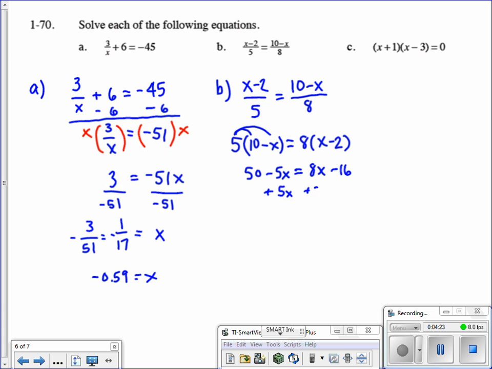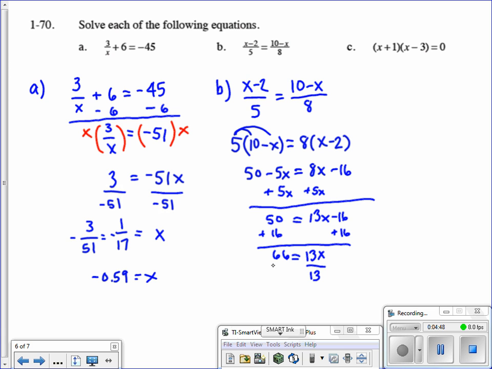Let's add 5x to each side. I'm going to have 13x minus 16 equals 50. Add 16 to each side. So 66 now equals 13x. Divide each side by 13.